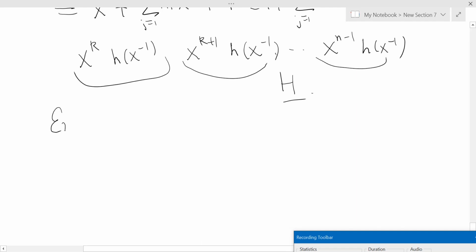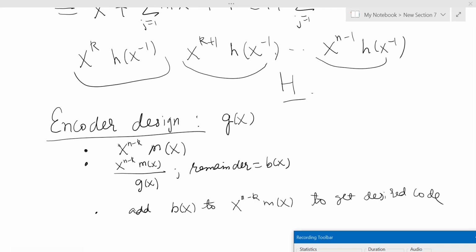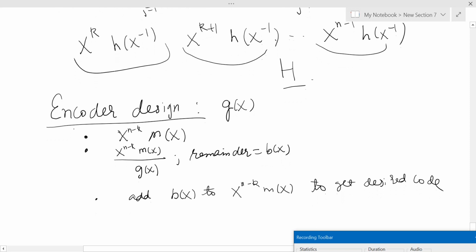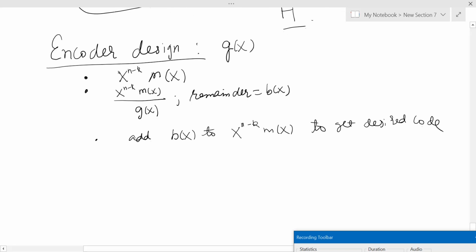Now, we can also design the encoder with the help of the generator polynomial like this. So we recall there are three steps for generation of a code word from the generator polynomial. First, you multiply x to the power n minus k with m of x, then you divide it by the generator polynomial, then you get the remainder b of x, and then you add it to x to the power n minus k times m of x, and you will get the desired code word.